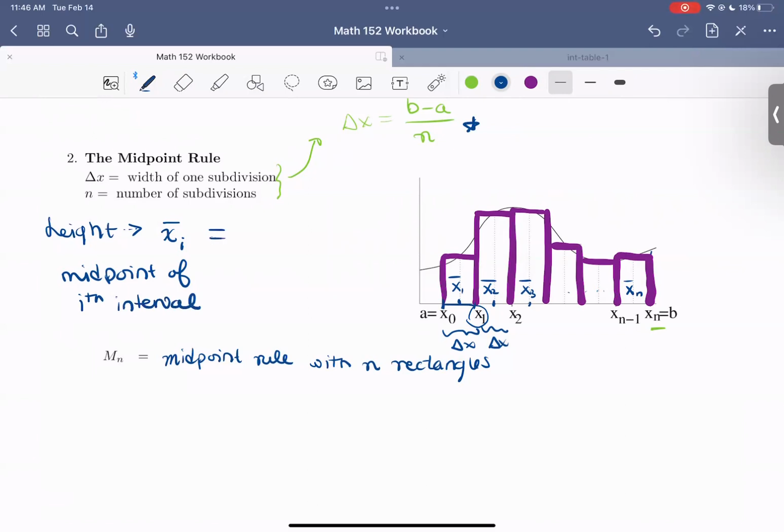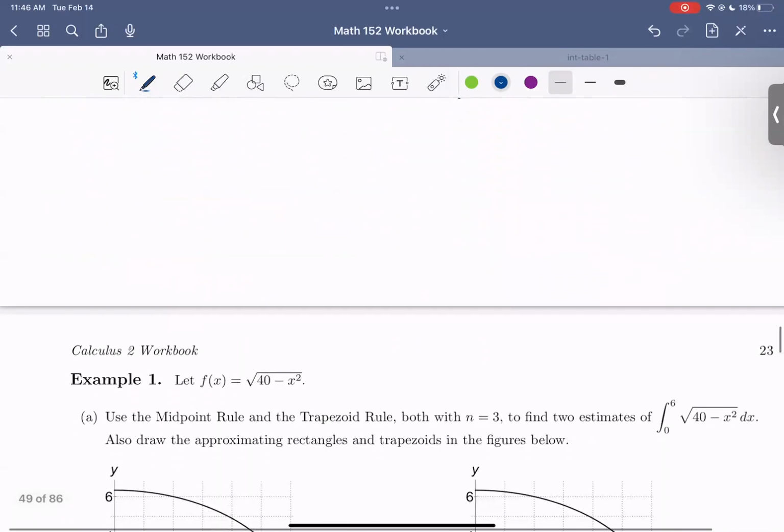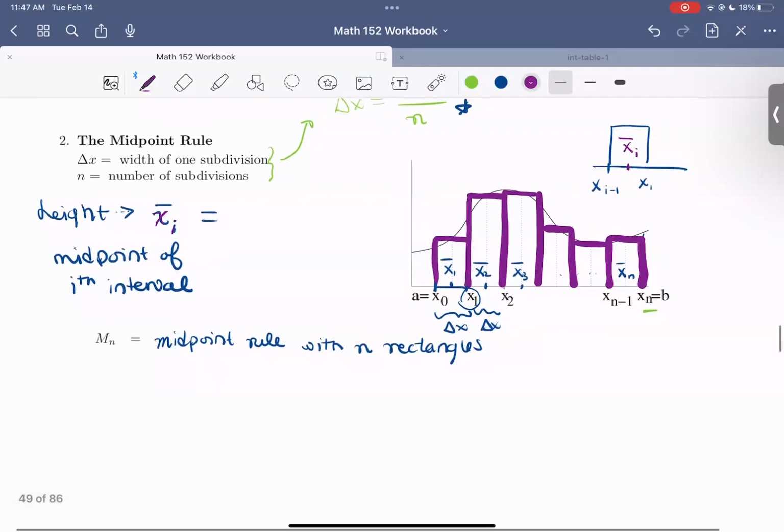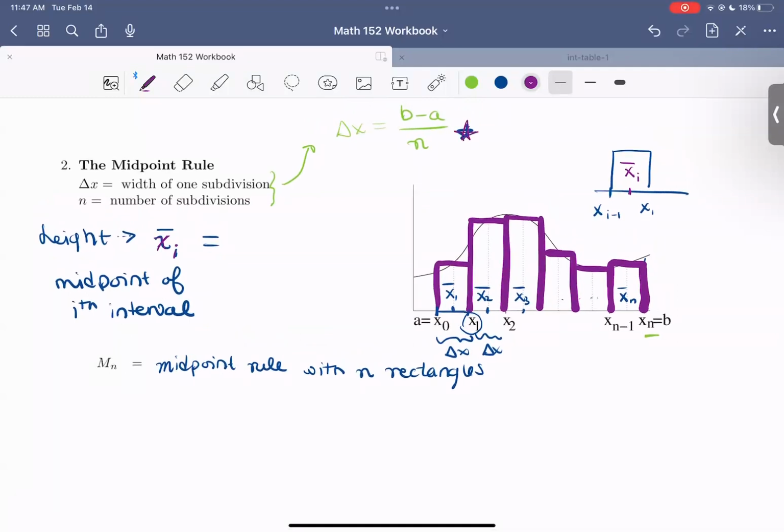Okay, so how would we compute that? Well, in order to compute that midpoint, we use the two endpoints of the interval. So if our generic rectangle here has x sub i minus 1 and x sub i, the midpoint we're calling x bar sub i. I want a little formula for it. To compute that midpoint, we use a similar method to computing the length of an interval, but now rather than subtract the difference, we add it together.